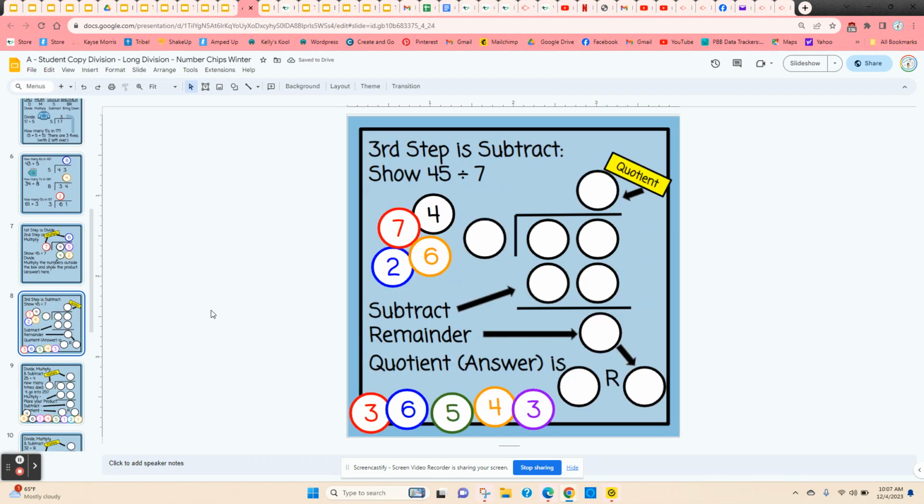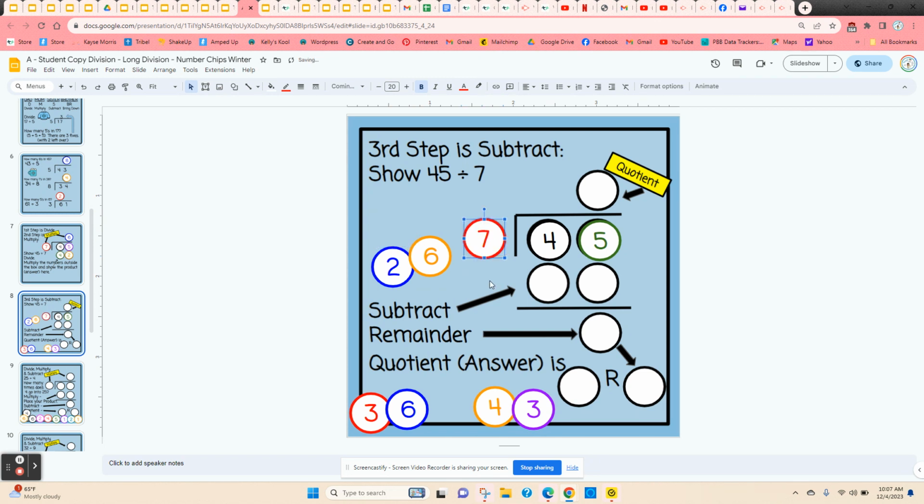The next slide has the same problem. So again, they know where the numbers go, but it's just adding another step. So 45 divided by 7. We know that 7 goes into 45 6 times. And 6 times 7 is 42.